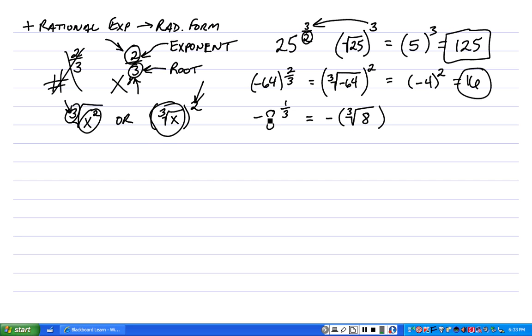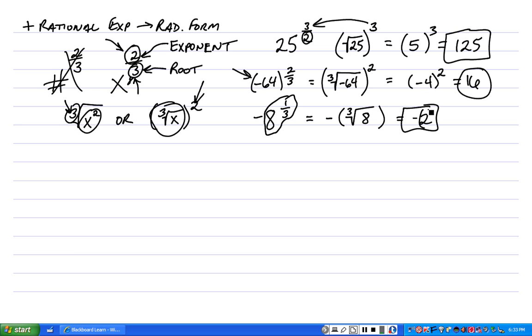It's not combined with the negative, because the 8 and the negative are not in parentheses like we had with the negative 64. So in this case, you just apply the exponent to whatever your base is, and then you apply the negative when you finish. The cube root of 8 is 2, and then you apply the negative on the end, so your answer would be negative 2.